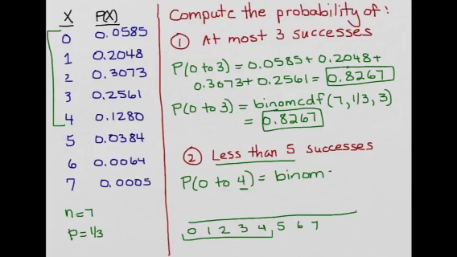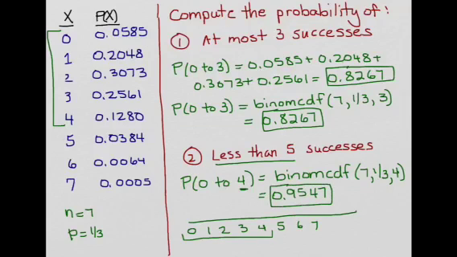Now, binomial CDF, number of trials is 7, probability of success is 1/3, and now we're going from 0 to 4, so I put a 4 at the end. And this is equal to 0.9547. That's my answer for that one.